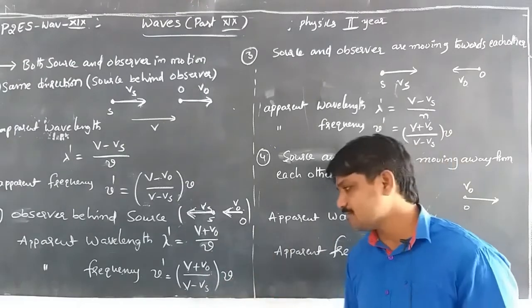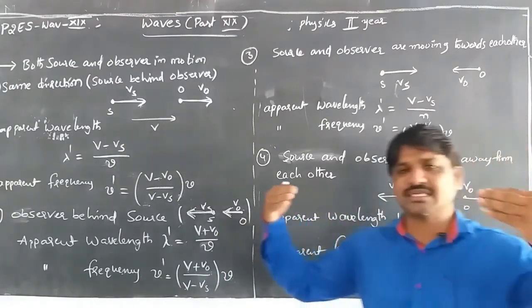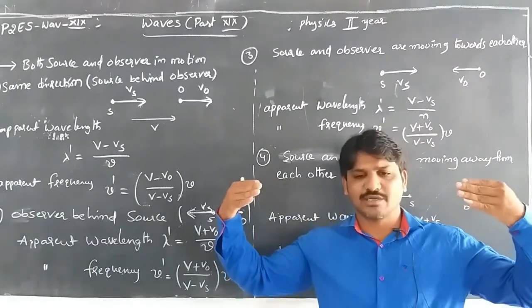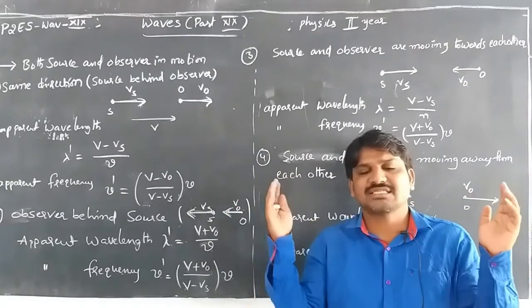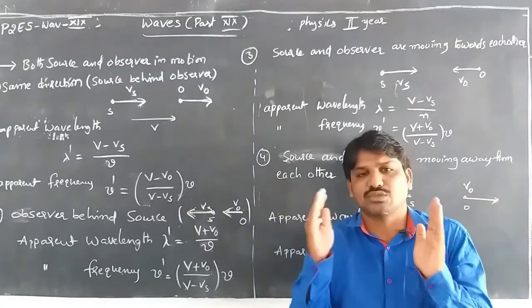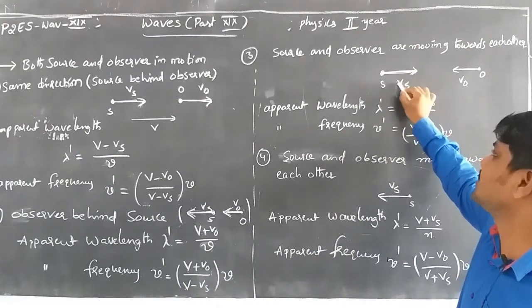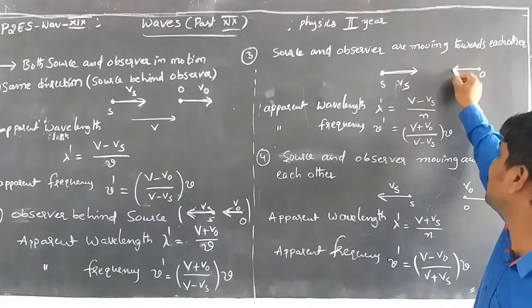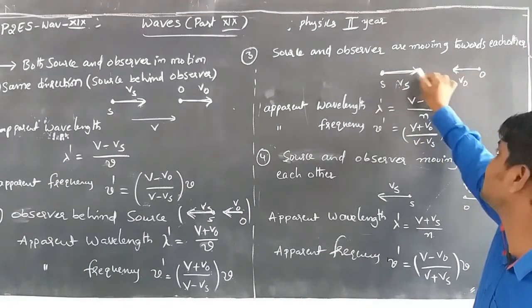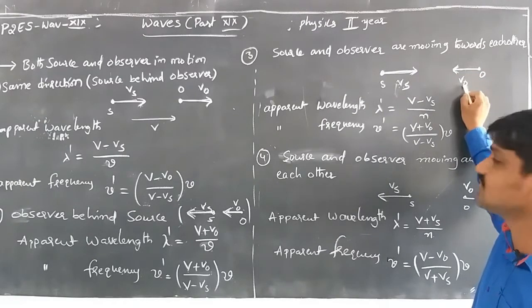Next, when the source and observer are moving towards each other, the distance and wavelength between them are decreasing. The source is moving in this direction with source velocity Vs, and the observer is moving opposite, towards the source, with the observer's velocity V0.